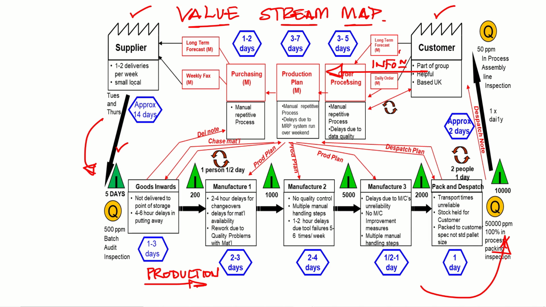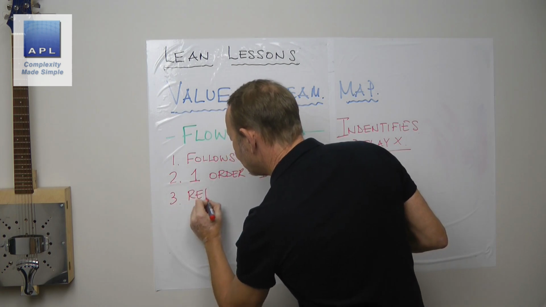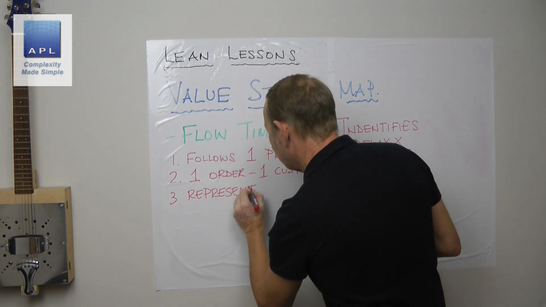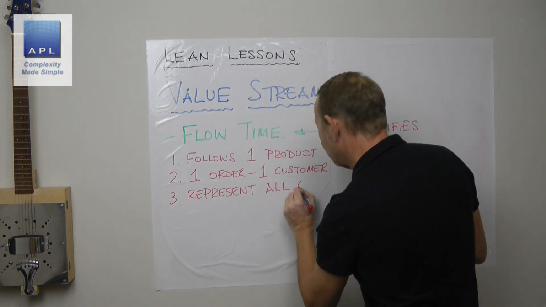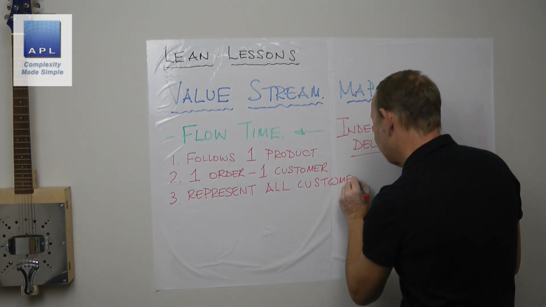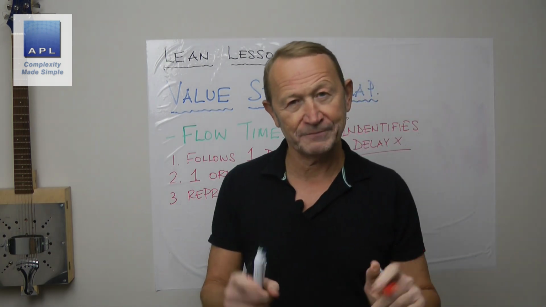So this is a picture of what happens to one order through this series of events. So it's one product, one order, one customer. But what it does is it represents all customers for that system.